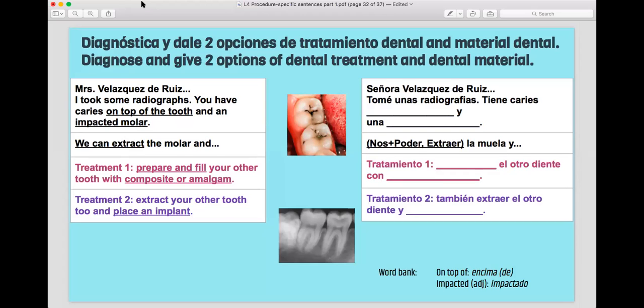Mm-hmm. Yeah. So the next one, we can extract the molar and, so does anyone want to give that one a try? With poder, if you remember the stem change for we, it actually stays the same. So a little hint there.